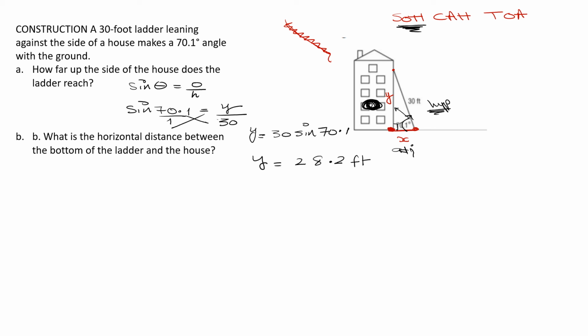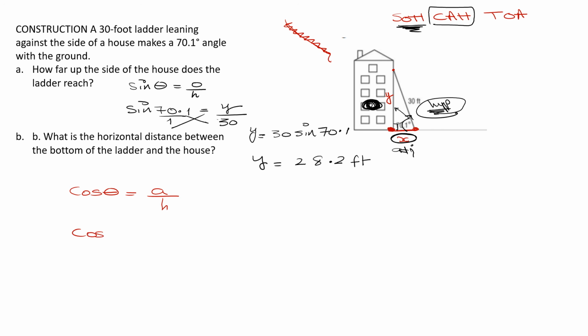Okay, now we have to find the horizontal distance, and we named it x. If you want to find this horizontal distance x, and we have already been given the hypotenuse, then adjacent and hypotenuse are related by cosine. So we can write cosine theta equals adjacent over hypotenuse.